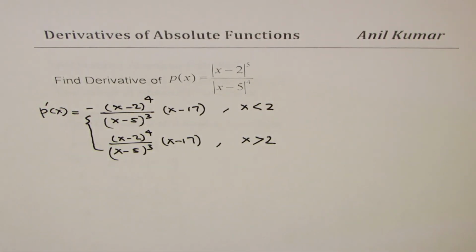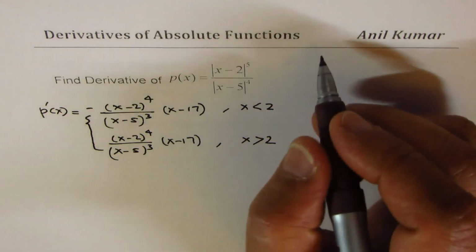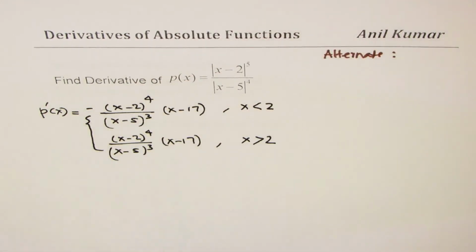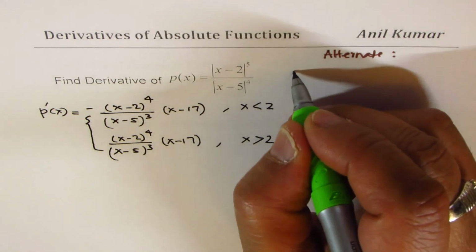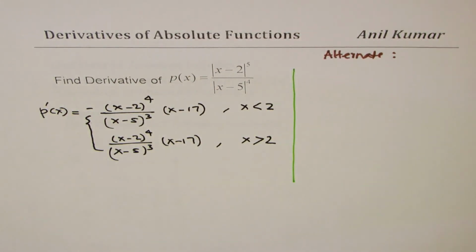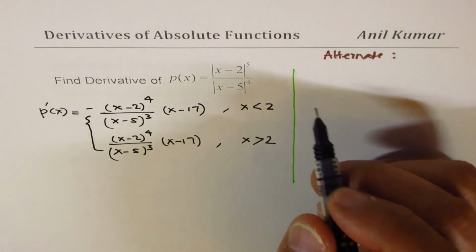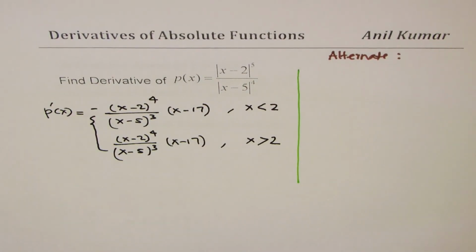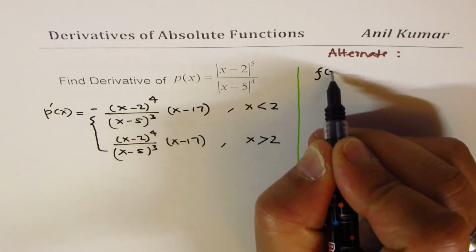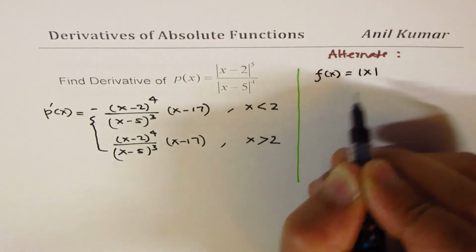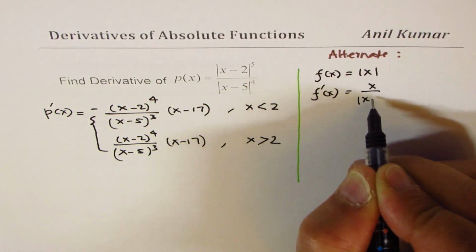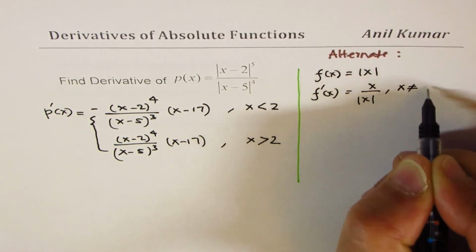Now there could be an alternate approach to this solution. The alternate approach can be thought of by looking into this particular concept: if we have a function f of x equals the absolute value of x, then the derivative of this function is x over absolute x, where x is not equal to 0.